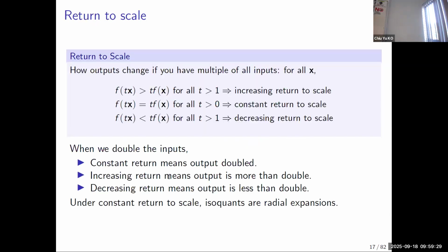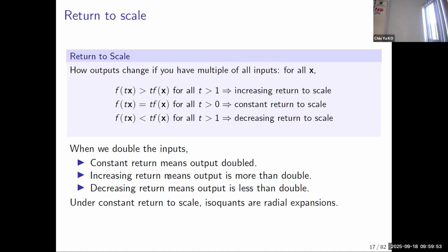And this returns to scale you often see in macro class. Also, this is an assumption we need to make to understand when we later talk about market equilibrium. So what does this mean?